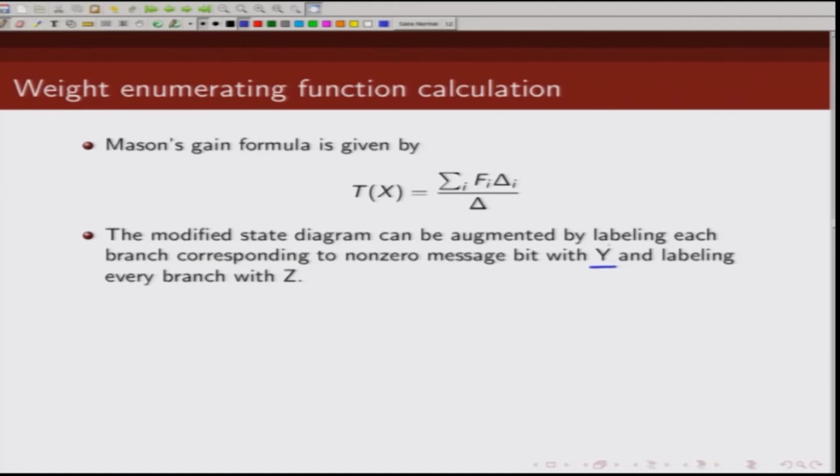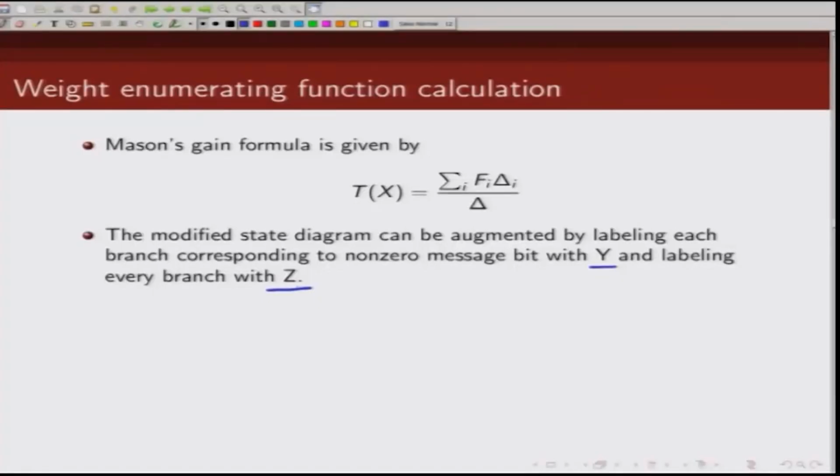So, the power of y will denote the input weight, and similarly we can label each branch by z. So, in a path gain formula, the degree of z will tell us the length of the non-zero path. So, the degree of z will tell us once it diverges from the all 0 state, after how much time it comes back into the all 0 state.